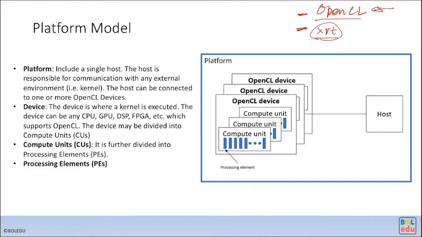The reason we use OpenCL is because a lot of existing application programs are written in OpenCL. So that's why we teach you OpenCL. You will see people directly use the API from the XRT. However, they still stick to the same programming model.